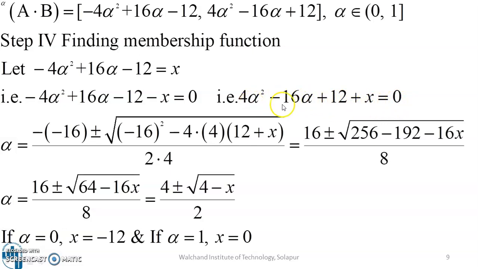Now we can see that this is a quadratic polynomial in alpha. It has two values, given by the formula minus b plus or minus under root of b square minus 4ac, divided by 2a, where a is 4, b is minus 16 and c is 12 plus x.